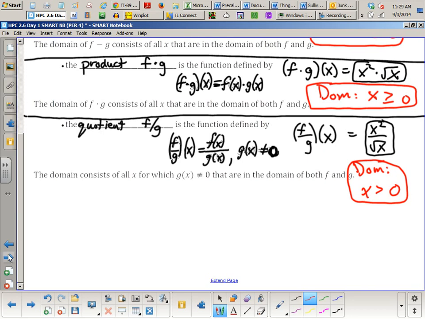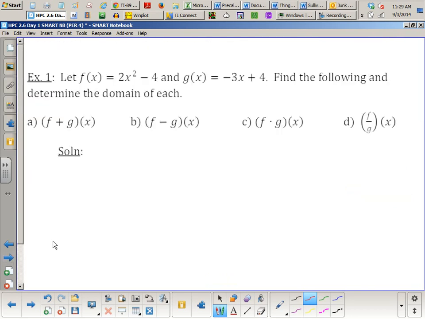Okay, we'll start off with two functions that are very forgiving. F is just a parabola. Its domain is all real numbers. We can write that as negative infinity, infinity. Or if you don't like that notation, you can just write all real numbers.